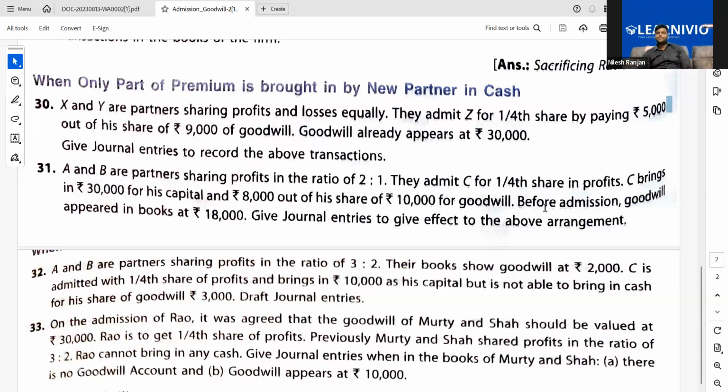For bringing capital, because goodwill is not brought by the new partner, only capital is brought by him. So I'm asking, what will be the entry for bringing capital only? Cash account debit to C capital, 10,000.